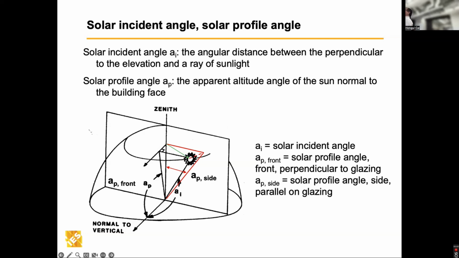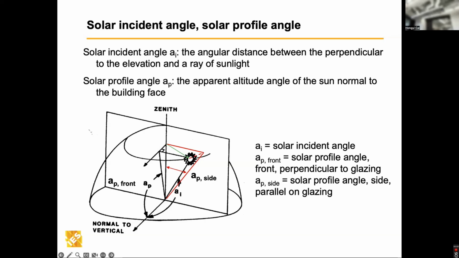So the incident angle is the angle between the incident sunlight and the normal to your window gradient. In this case, this will be the angle right here, because this is the incident light, and this is your normal.